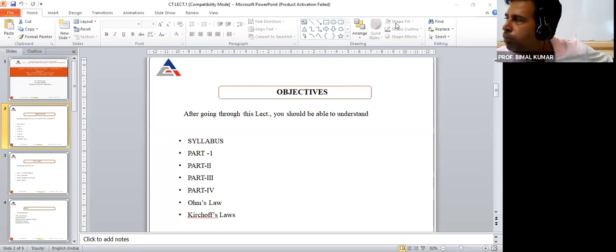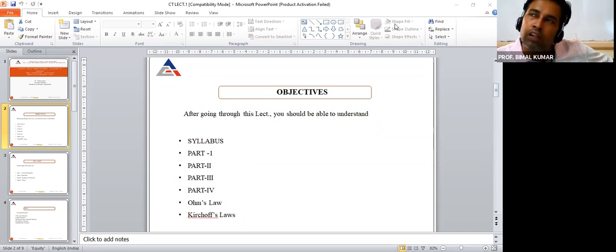Similarly, with the help of different theorems, we will be able to find current, voltage or power across any element or across any part of the circuit or across the complete circuit.